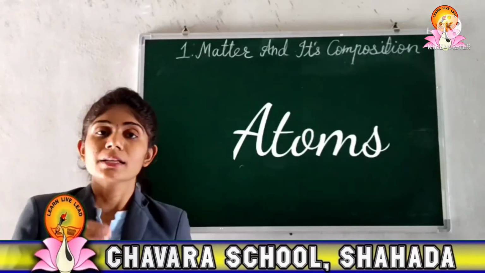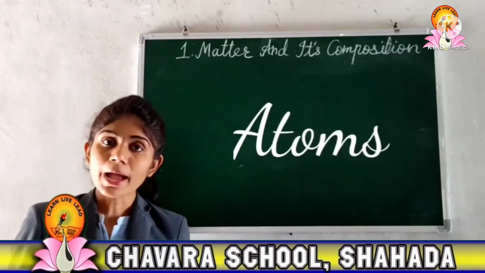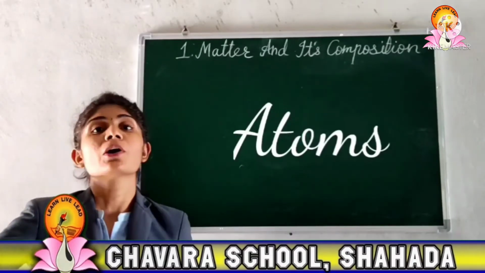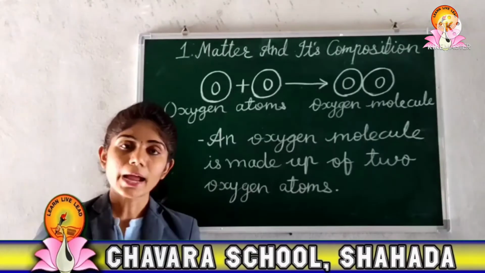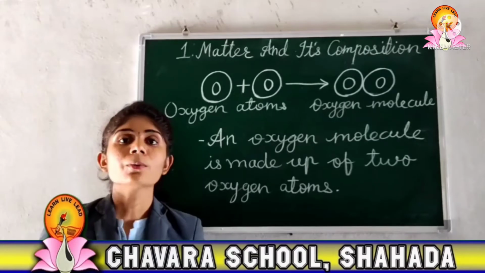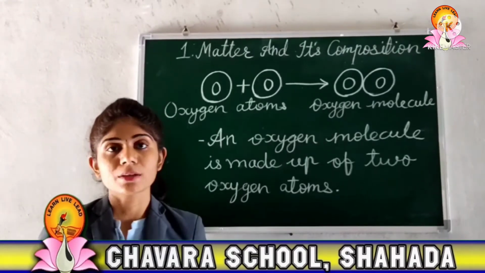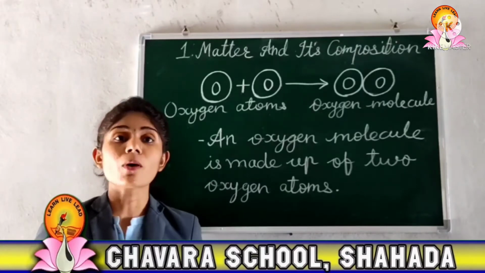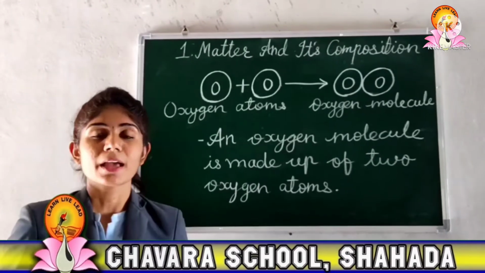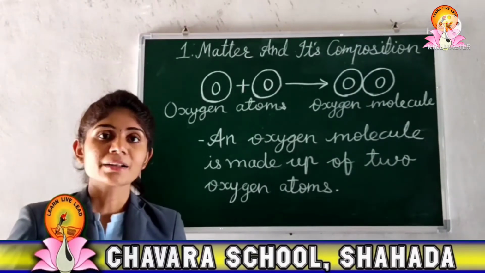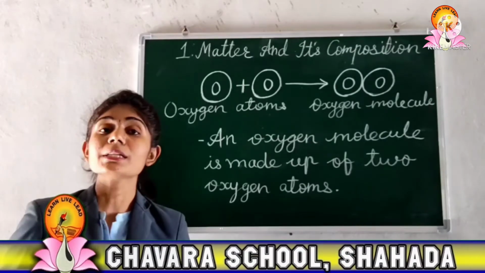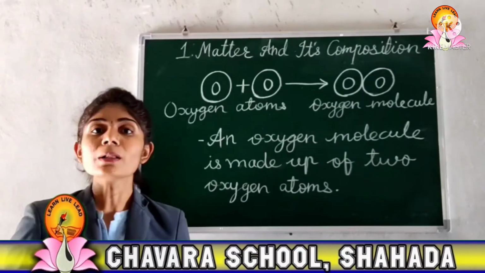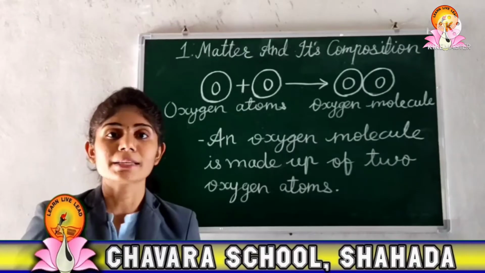It means the atom also has the same property as that matter. Atoms do not have independent existence. So they get combined with other atoms to form molecules. And a molecule is the smallest unit which also exhibits all the properties of that matter.